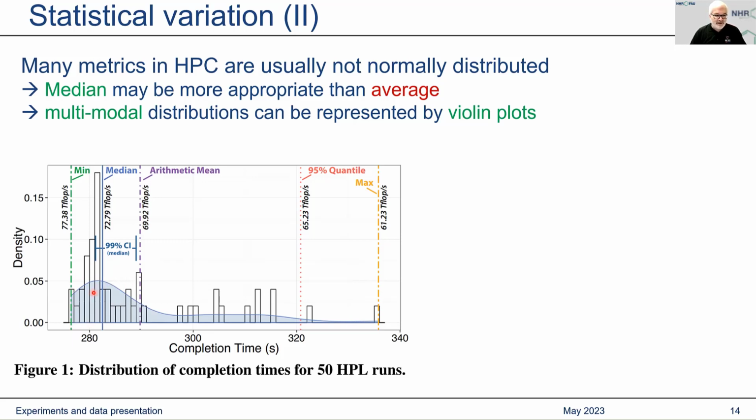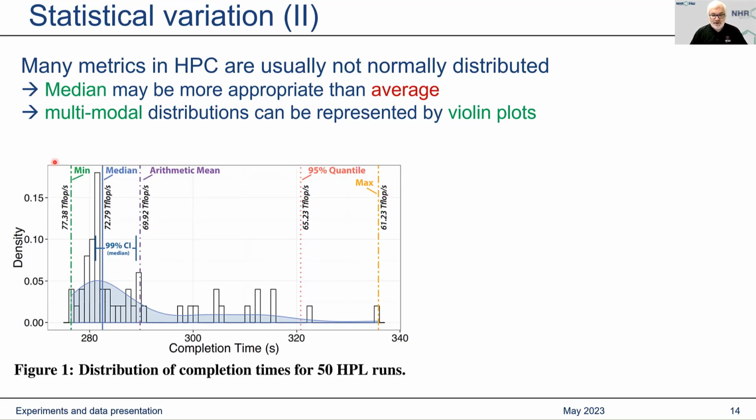This is a typical example where measurements are not normally distributed, and there's a hard upper limit, which is, of course, the peak performance of the machine, and Linpack usually gets very close to that. Now here, these colored lines show you the minimum measurement, the median of all measurements, the arithmetic mean, the 95% quantile, so the point where 95% of the measurements are to the left of it, and the maximum.